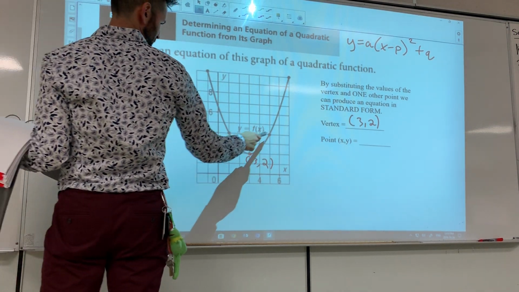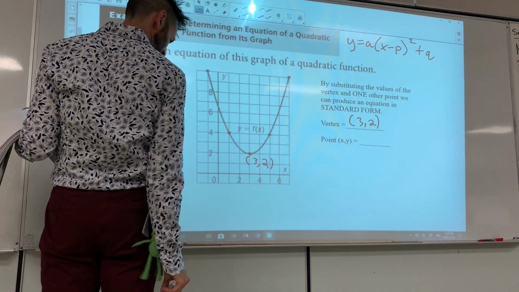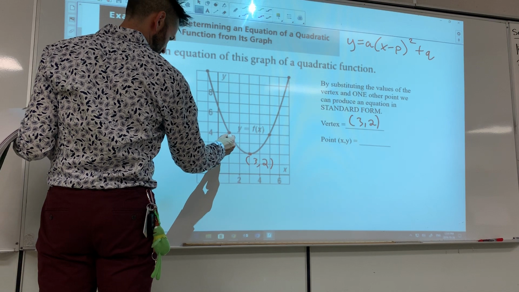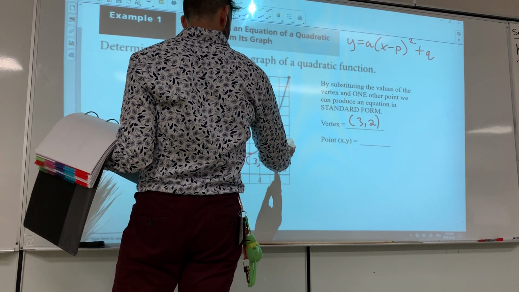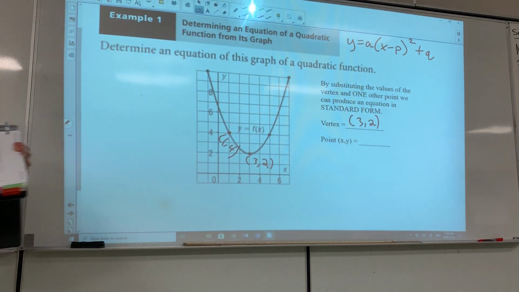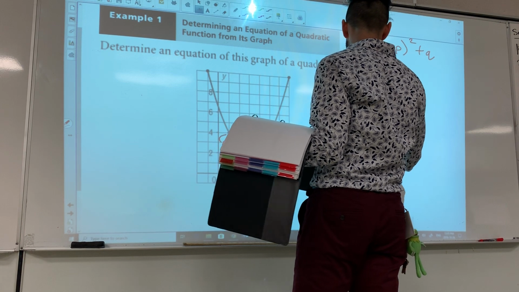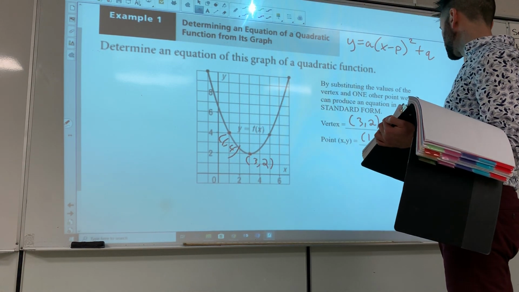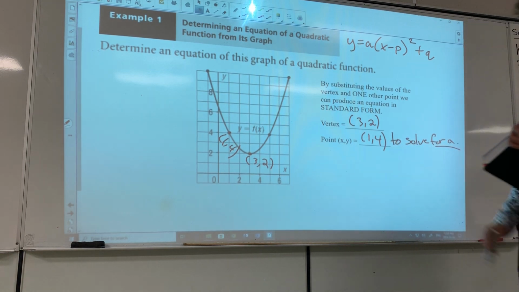They conveniently march to other points. The easiest might be the point 1, 4. The other has the bigger x value, so I don't want to use it. Keep the numbers small. We're going to substitute in the point 1, 4 to solve for a. That's why we're doing it, so we can solve for a.